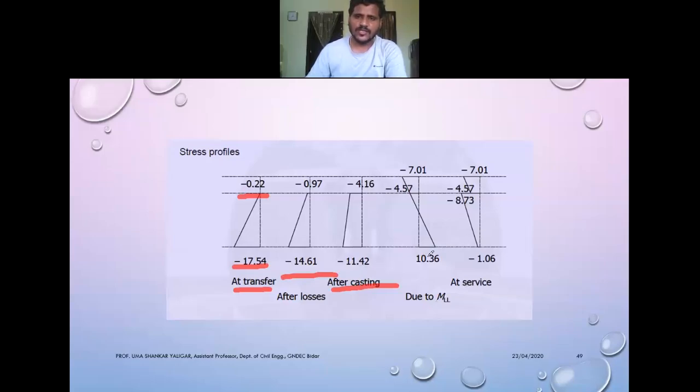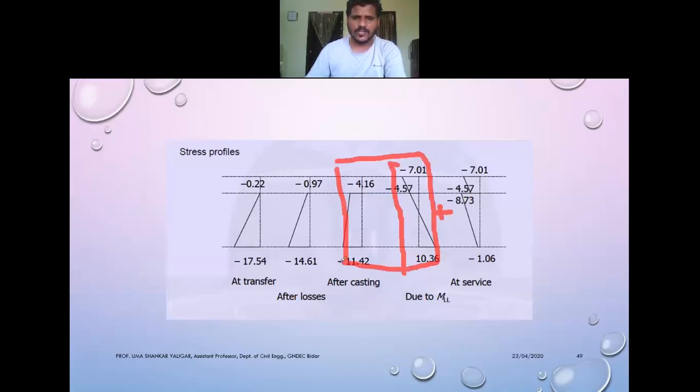And this is due to the live load moment at the top and at the junction at the bottom. Therefore, the total stress is equal to this plus this, and these three give the total stress we got at service. In this way, we need to calculate the stresses in the composite section at all the stages.